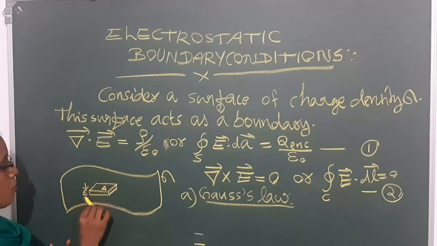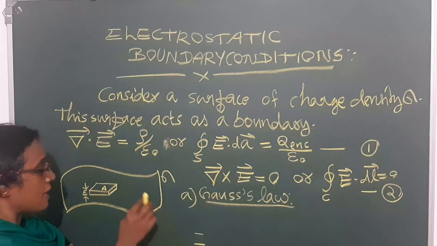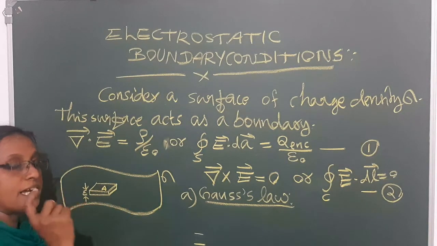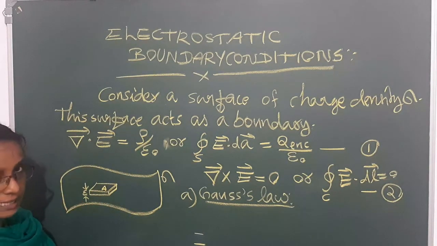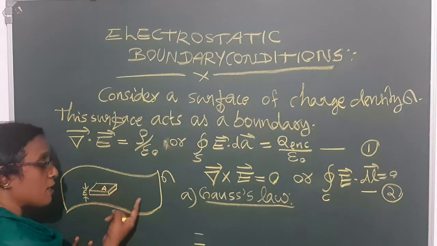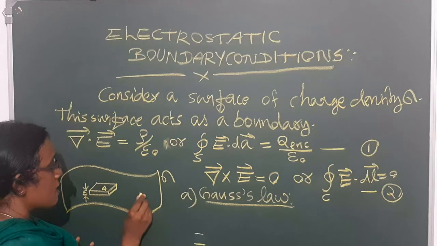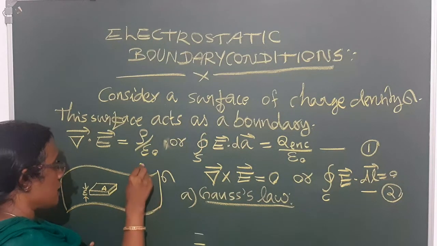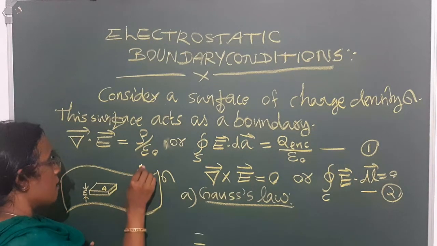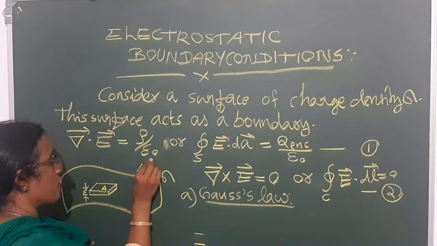So we can take the electric field's two components, such that the component of the electric field is perpendicular to this boundary. For example, I can show here, this is the upper component of the electric field. It is called E perpendicular above.